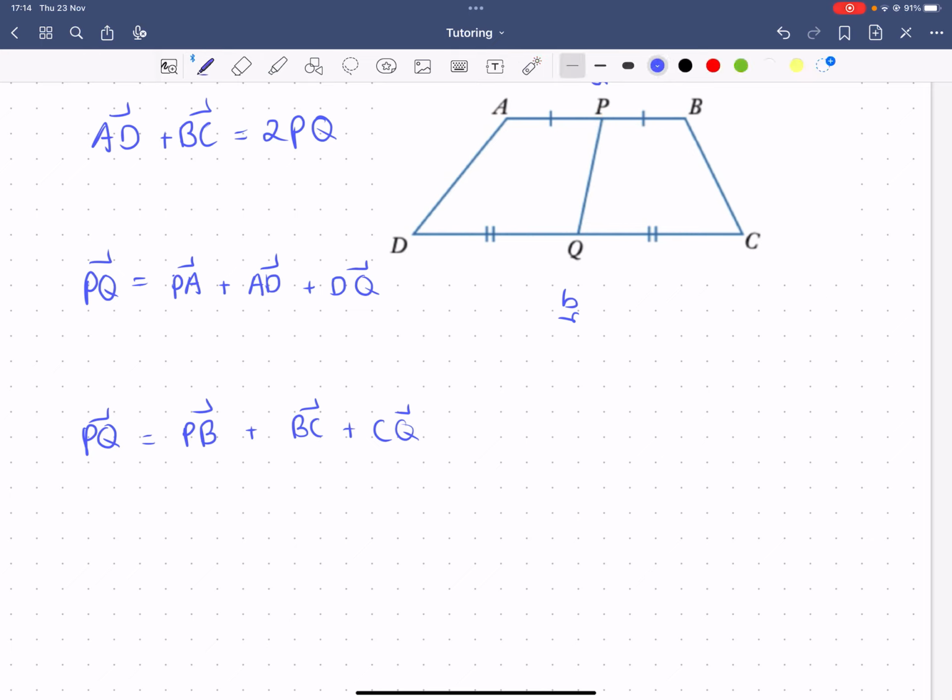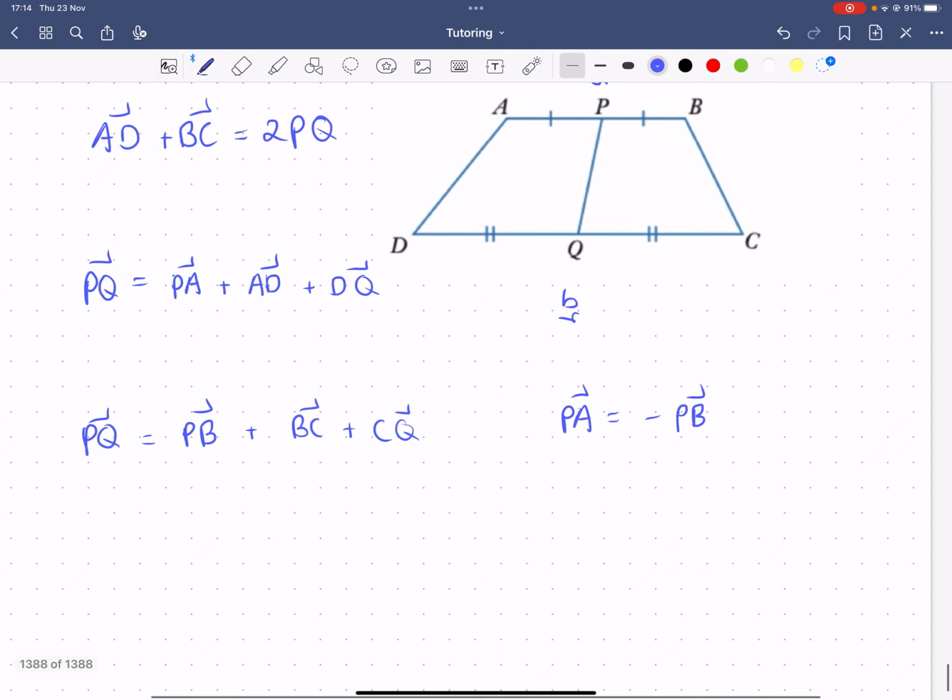Now PA and PB are actually almost the same vector. Since P is a midpoint, they are the same length, but going in opposite directions, so PA is minus PB.